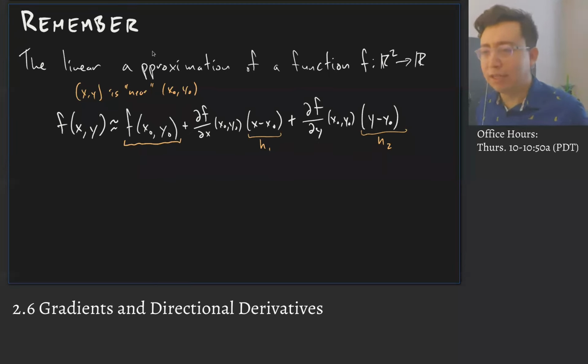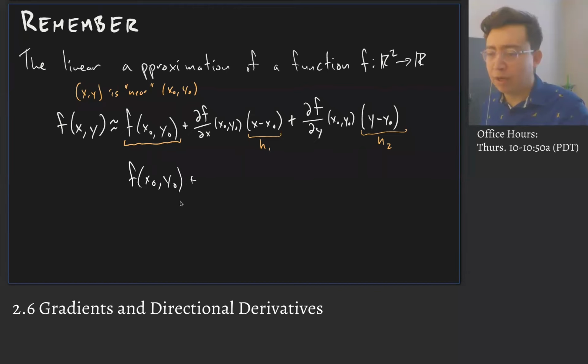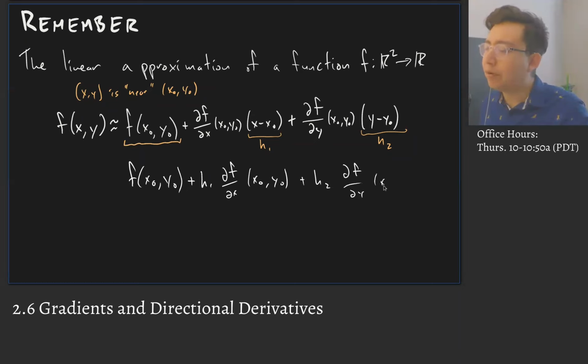And this linear approximation is very much related to Taylor approximations. So f of (x naught plus h1, y naught plus h2) is f at that point, plus h1 times the partial of f with respect to x at that point, plus h2 times the partial of f with respect to y at that point.